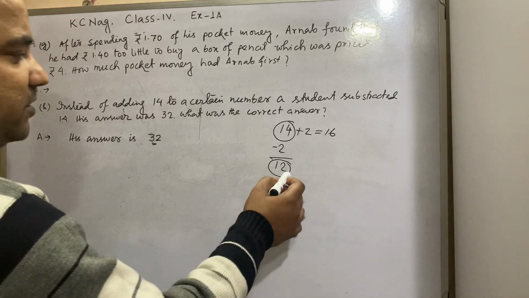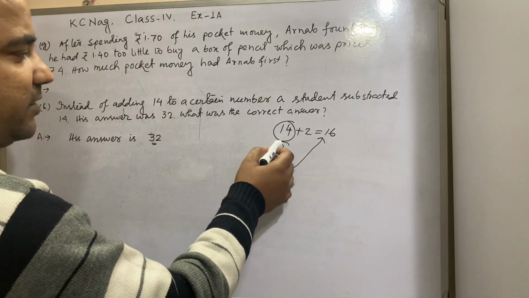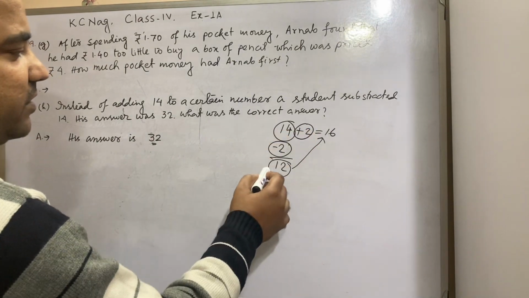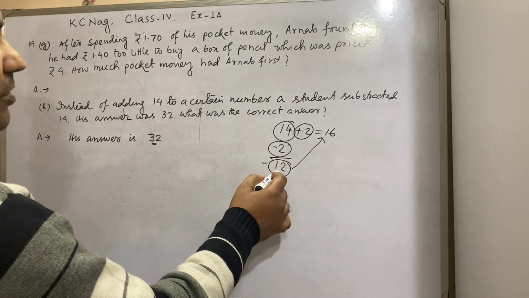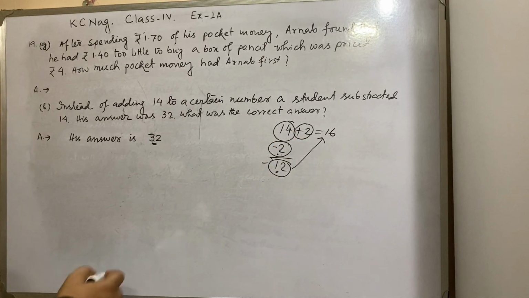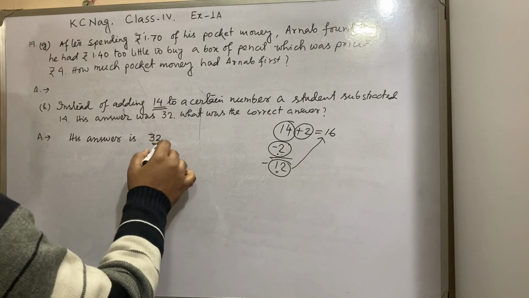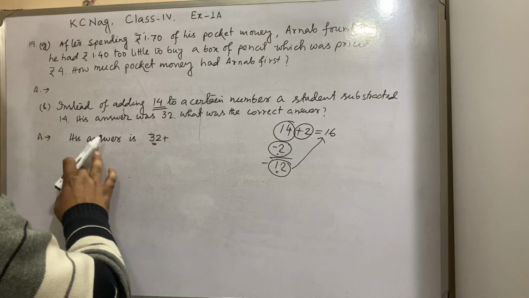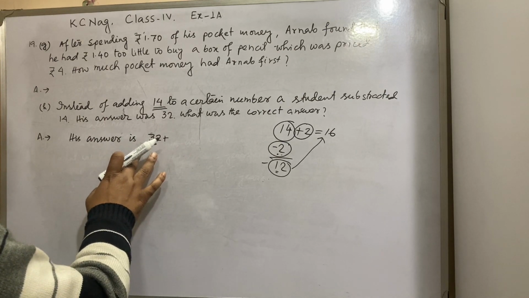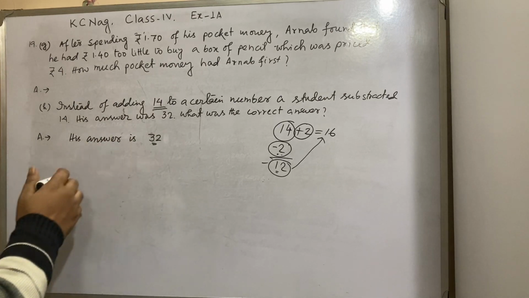So how much is the difference between 12 and 16? You have to add 2 twice. So 12 plus 2 is 14, 14 plus 2 is 16. You will get the answer. So with 32, you have to add 14 two times. At present his answer is 32.